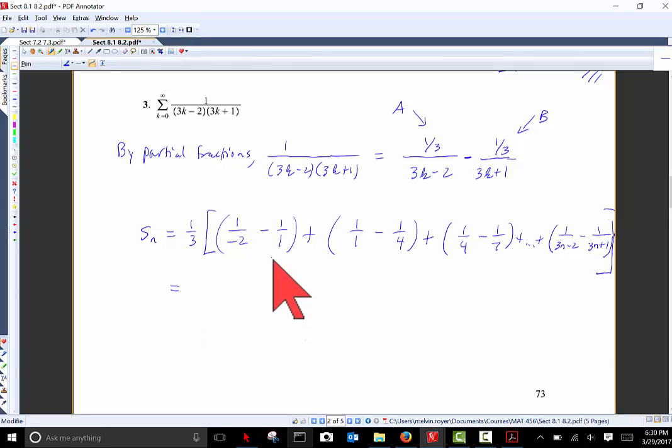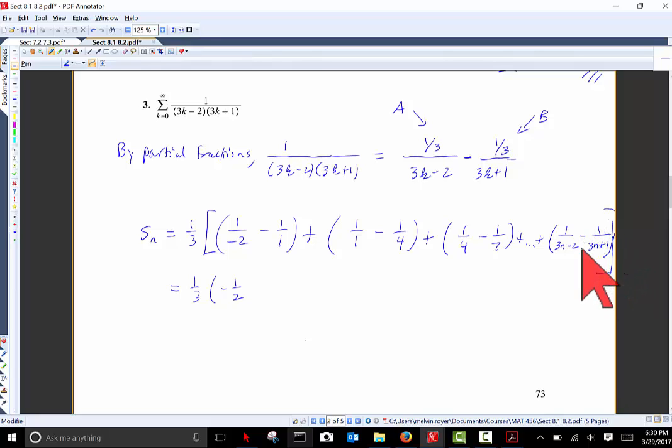And now check out what happens inside here. Addition is associative, so I can take off the parentheses, and then what you see is a -1 and a +1 side by side, a -1/4, a +1/4 side by side, -1/7, +1/7, and so on. So in a different sort of way, these terms also cancel each other out, except for the very first term does not have a partner, and so that's -1/2.